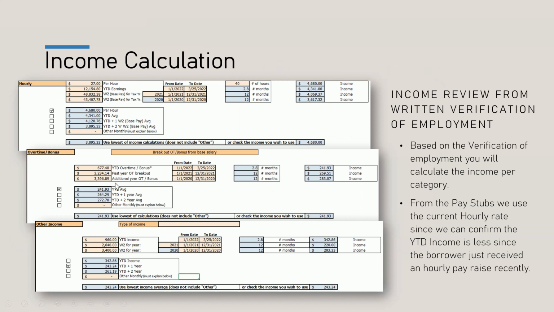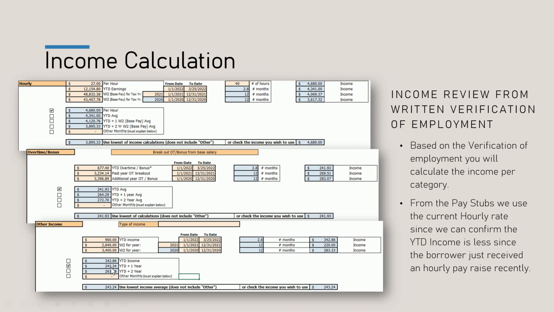Now, when it comes to overtime, other income, and the bonuses, you do have to do your worst case scenario average. Although here I did average my last 2 years and year to date, I went with year to date and 1 year because it was the lowest. I cannot give him the best case scenario because I have to go with my worst case.